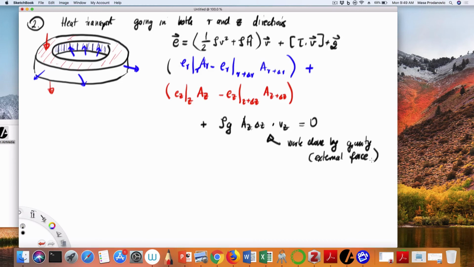And I'm just going to remind myself that A_r is 2 pi r delta z. A_r plus delta r is 2 pi (r plus delta r) delta z.